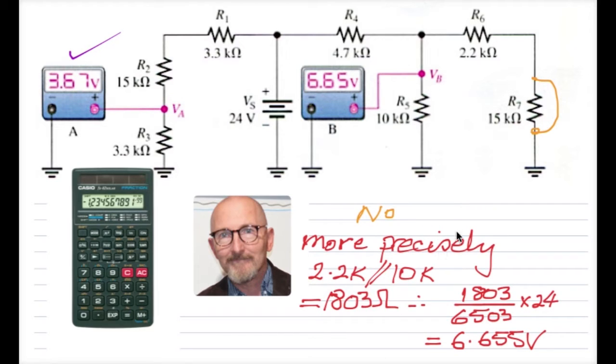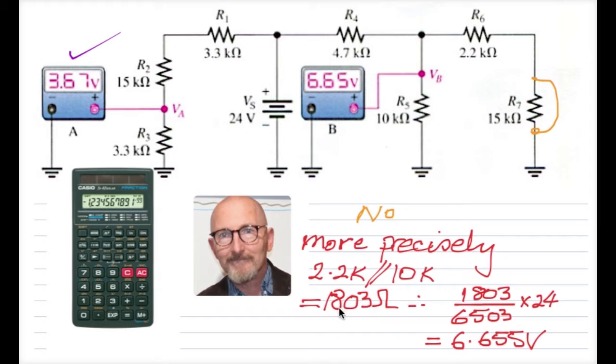Okay, so we've pretty well wrapped things up now. We've proven beyond a shadow of a doubt. I did things roughly before, and now you can see I've got a new slide up here, and there's yours truly. More precisely, using the trusty calculator, the 2.2K in parallel with 10K, because we said we had a short circuit across that 15K resistor, so that's no longer in circuit.